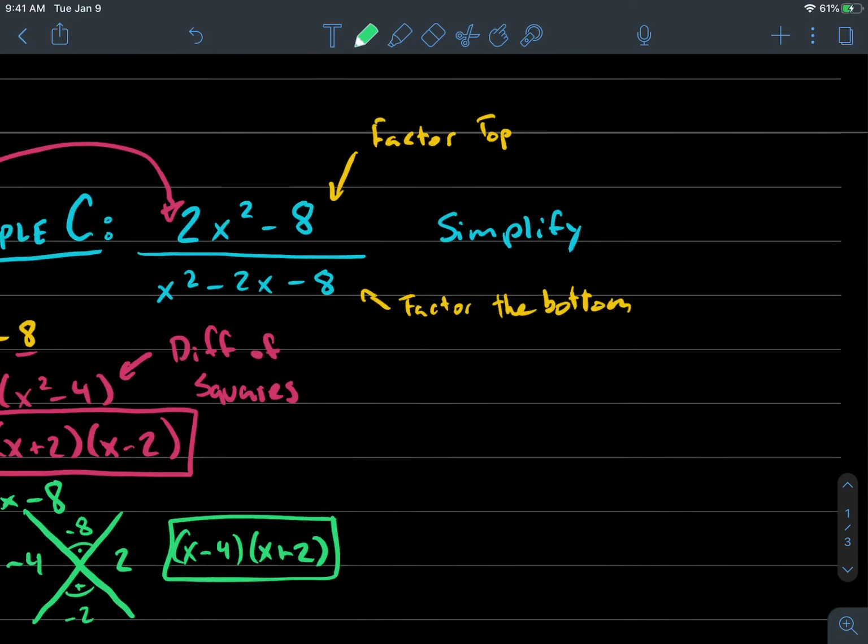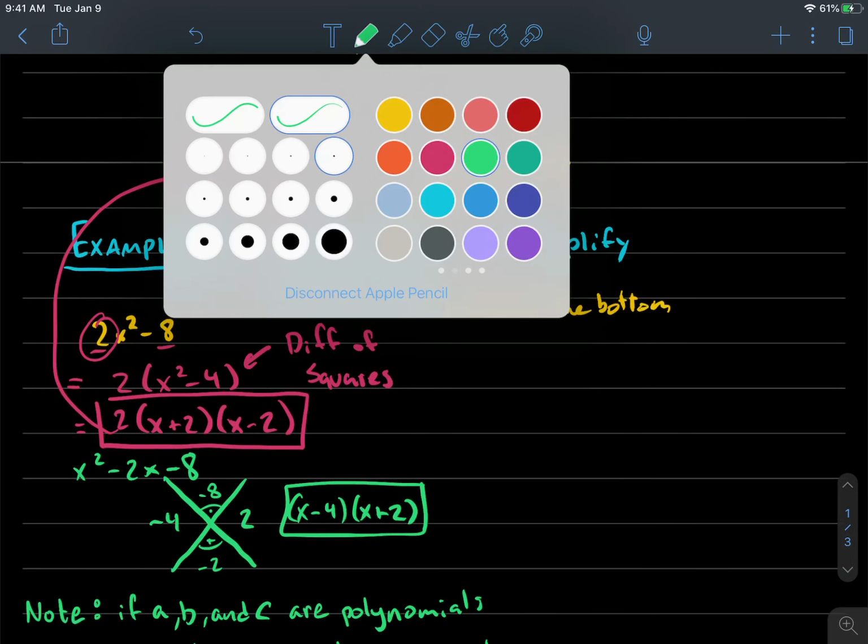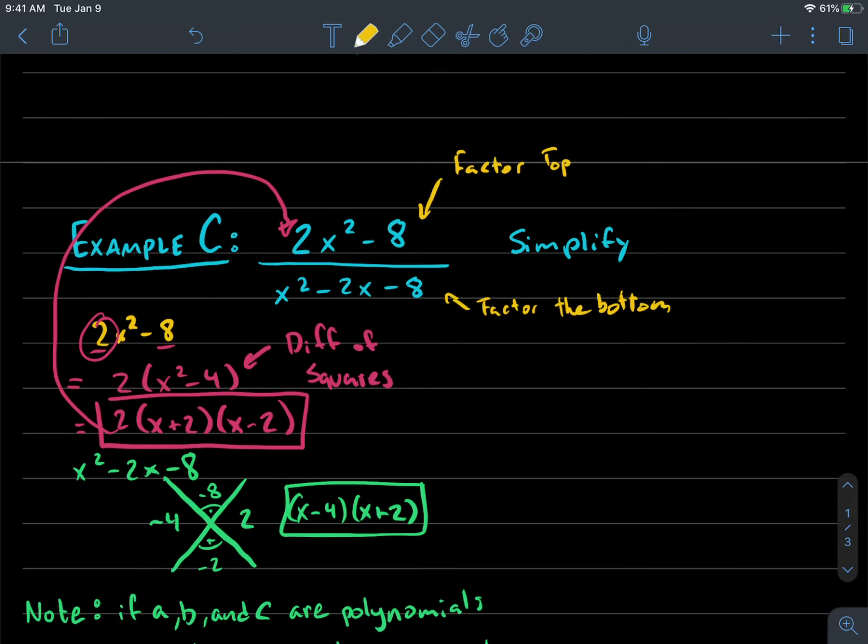And what we're going to do here is rewrite this. So this is the top, right? And this is the bottom. So you're going to rewrite it like this: 2 times (x plus 2)(x minus 2) over (x minus 4)(x plus 2).